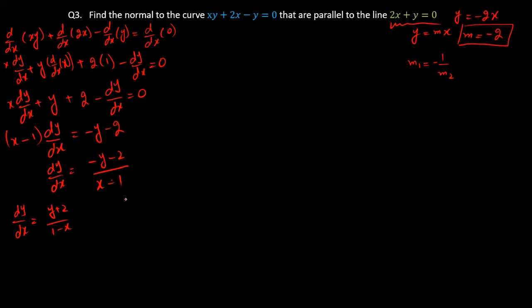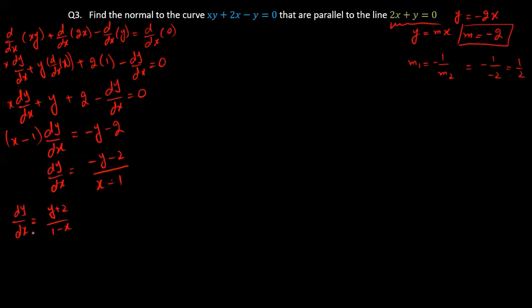As we know, the slope of the tangent is minus 1 over the slope of the normal line, and the slope of the normal line is m is equal to minus 2. So the slope for the tangent line is minus 1 over minus 2, which is 1 over 2.